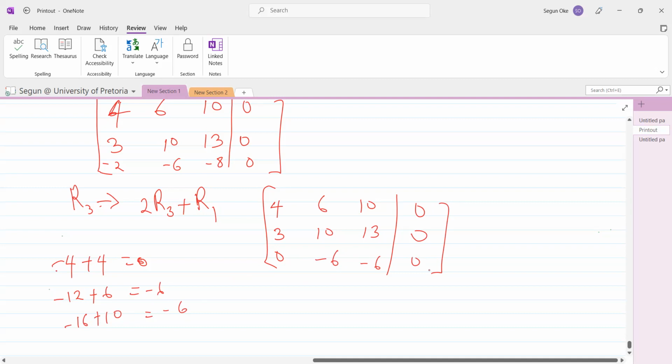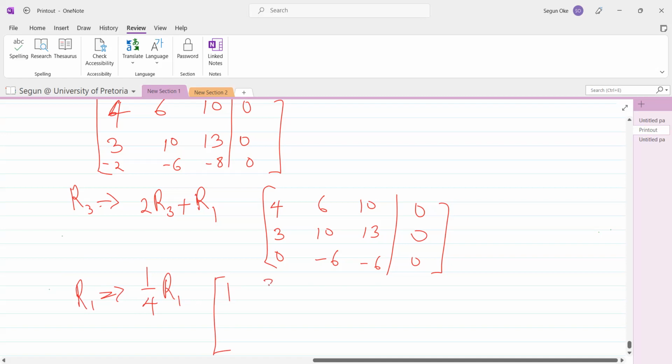So how can we reduce further? Let's go to row 1. What happened to row 1? I can say my R1 implies 1 over 4 R1. So we have 1, 2.